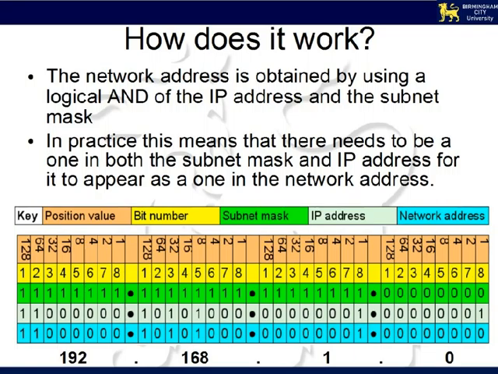If we follow this across all the way for the full 32 bits, we find that the resulting network address that we end up with is identical to the simple method we used earlier, which is what we would expect. However, this method works when we're working with complex, non-standard, non-default subnet masks, as we will when we're dealing with subnetted addresses, which we'll talk about in a future lecture.